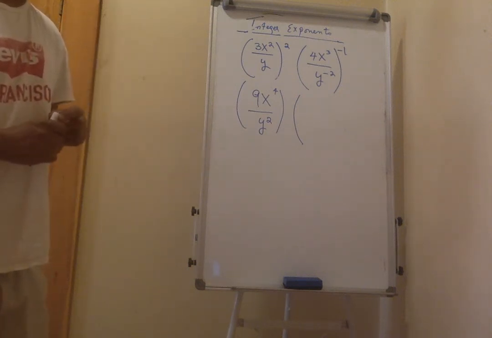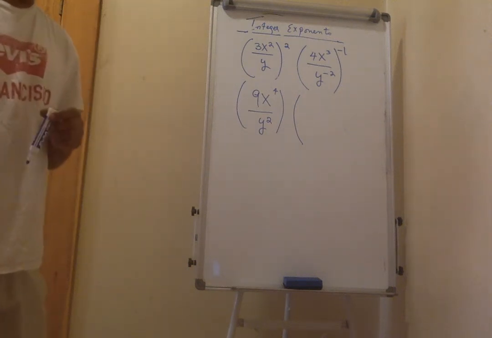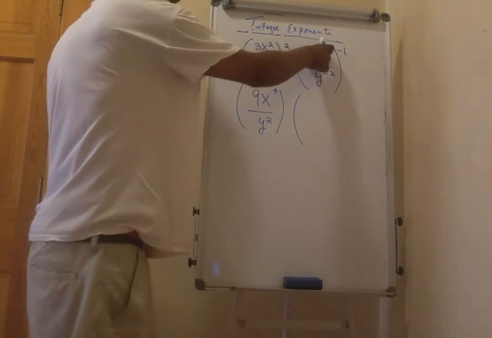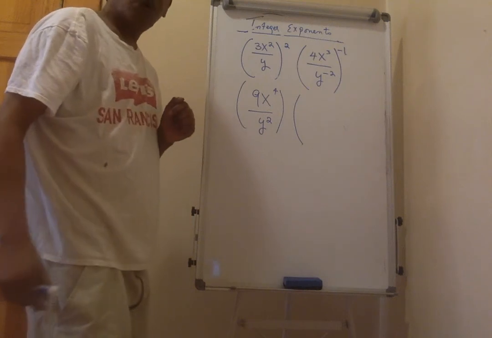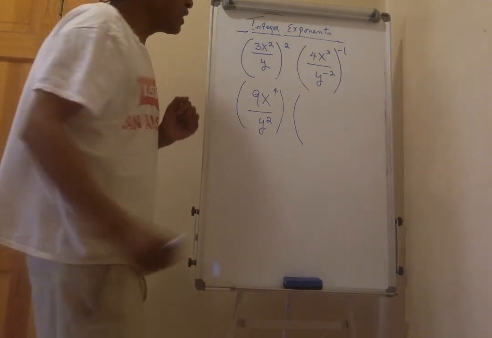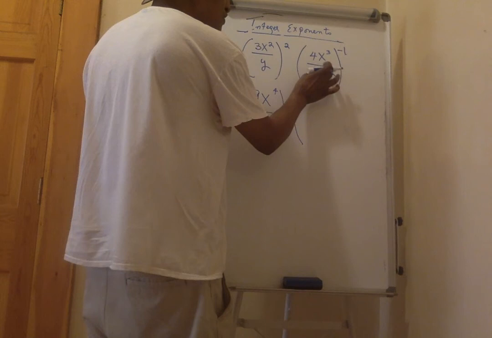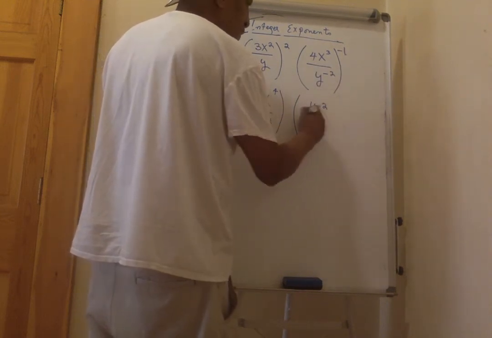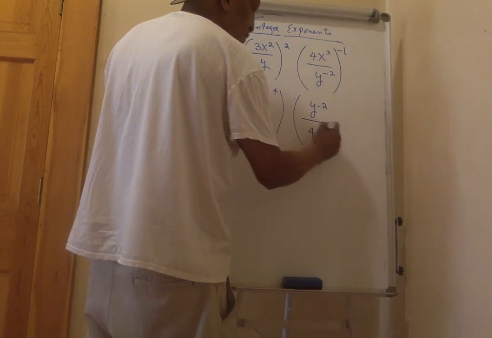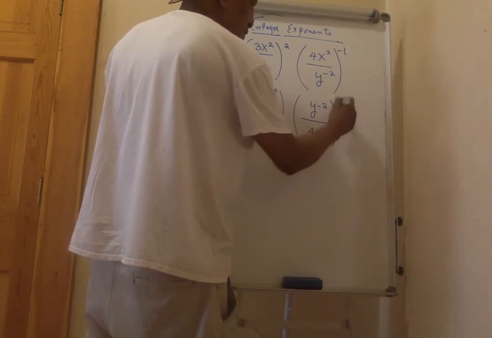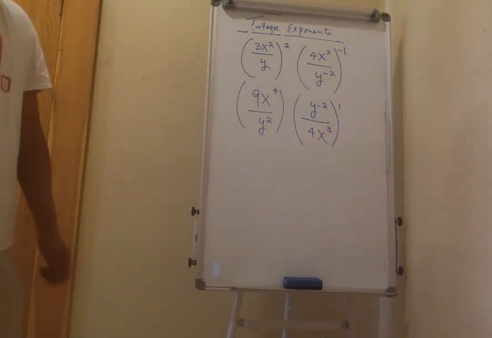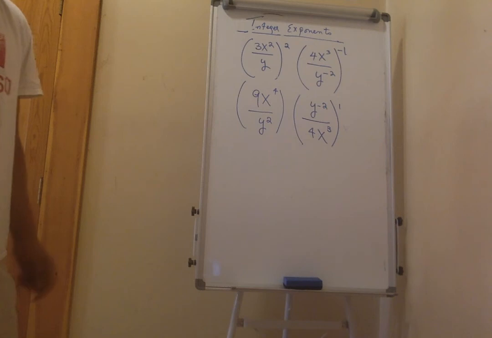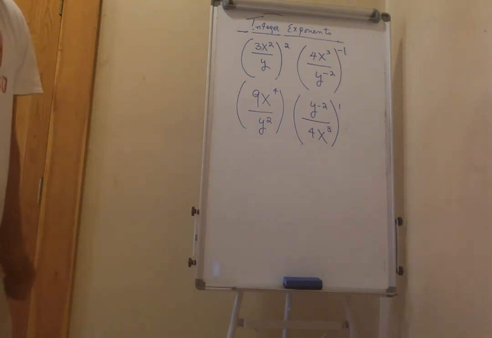Since everything is raised to the negative 1, what if I change everything, meaning find the reciprocal of 4x to the third over y to the negative 2. Okay? So in that case, don't touch this negative sign. Don't change it because you are raising everything to the negative 1. And this becomes y to the second over 4x cubed. So in that way, I got rid of the negative exponent here by just switching the order.